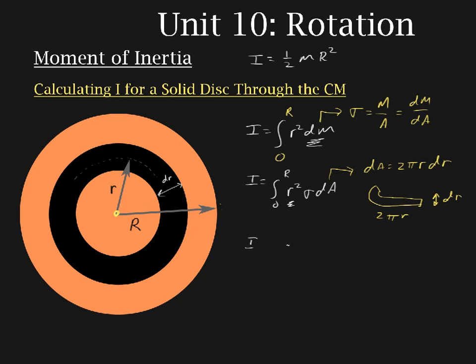So I is equal to the integral of r squared times sigma, which is mass per area. So we'll just write that now, m/A.